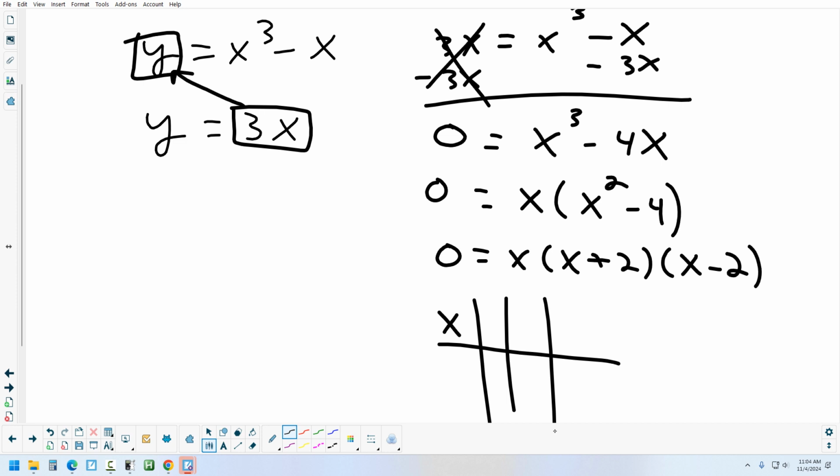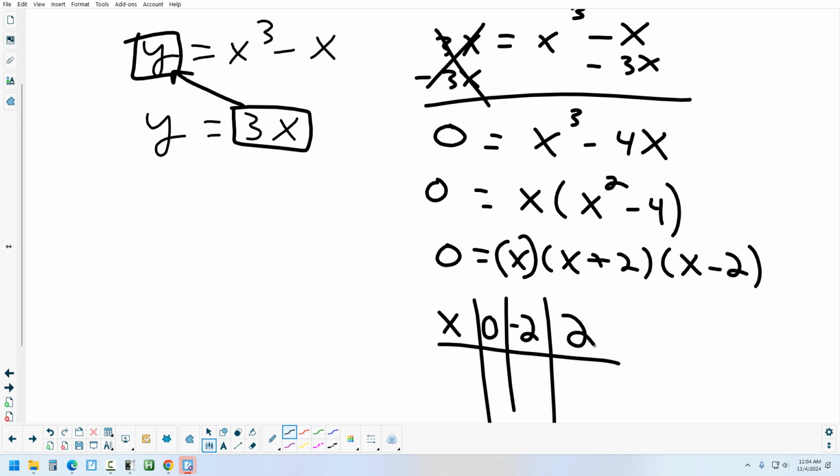I'm just going to make a chart. What could I fill into this first factor to make it 0? 0. How about the second factor? -2. And 2. Now, we only have half of an answer there. We have the x's.